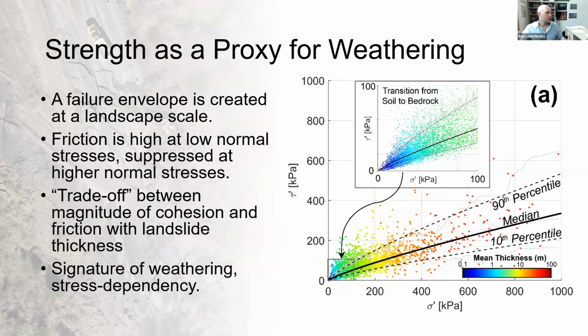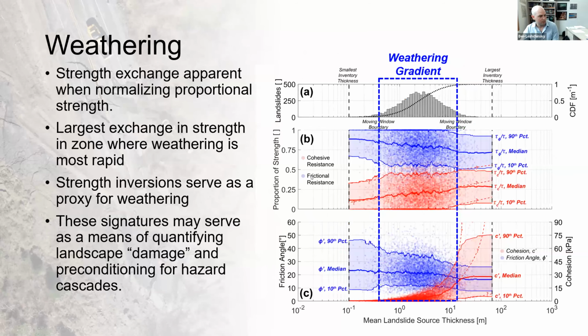We also see a trade-off in magnitude of cohesion and friction with landslide thickness, which is a signature of weathering and stress dependency. So for example, here, if we look at the proportion of strength as a function of landslide source thickness, we see that there is a trade-off between friction and cohesion, although it's gentle. And we see that that generally matches an area where we see the largest distribution of landslide thicknesses, although there's most definitely some small landslides missing here.